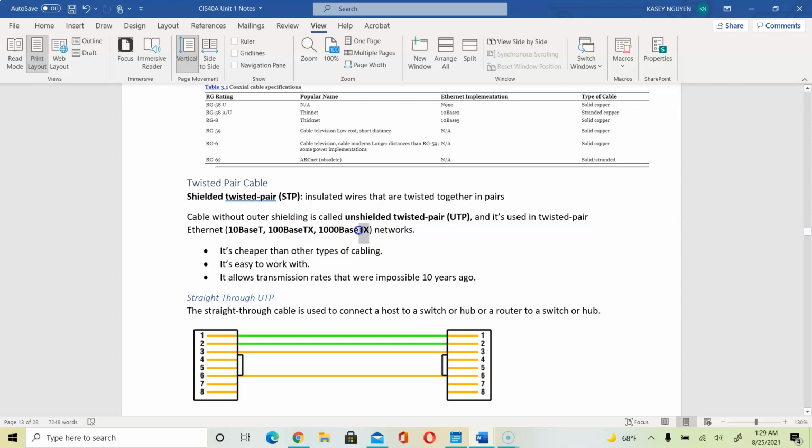So you know that that's the medium. It's definitely affordable to implement or to use STP or UTP compared to other forms of cable like fiber optic. It's really easy to work with, it's cheap to implement, and the transmission rate is mostly reliable and fast.